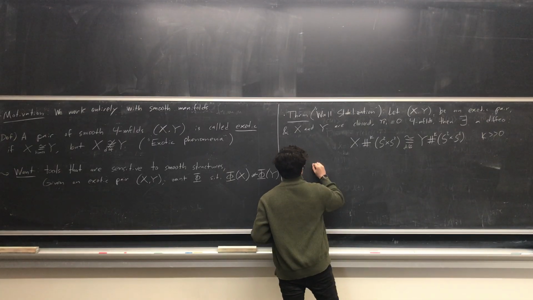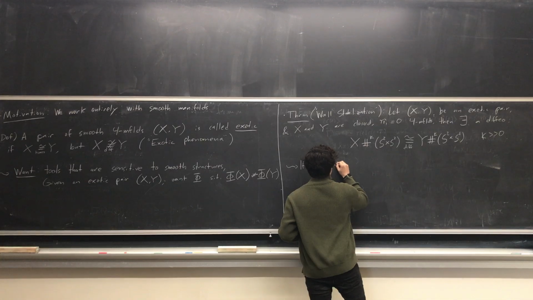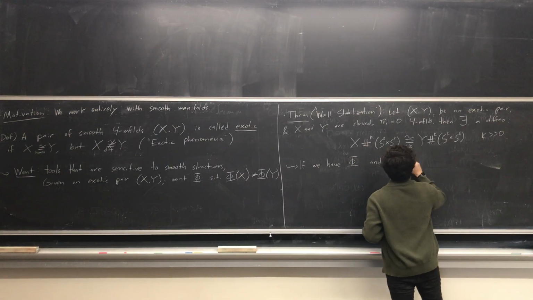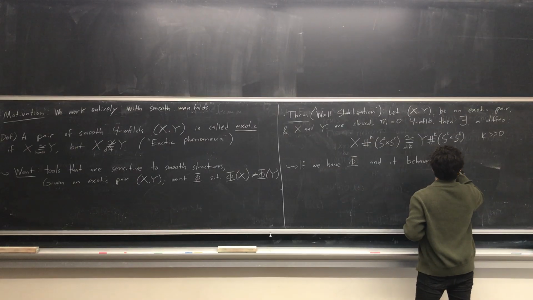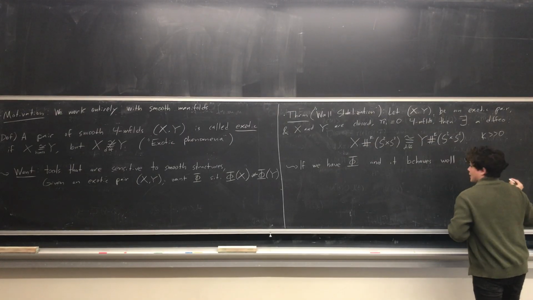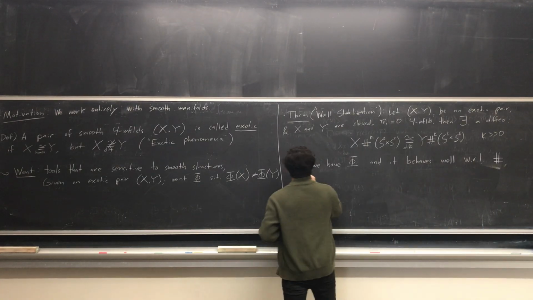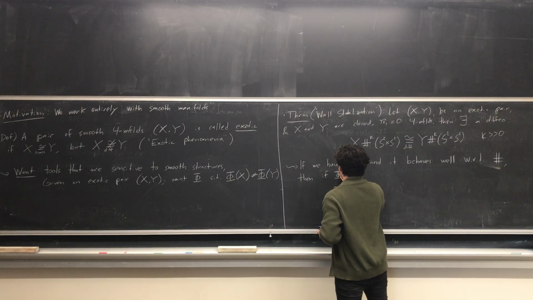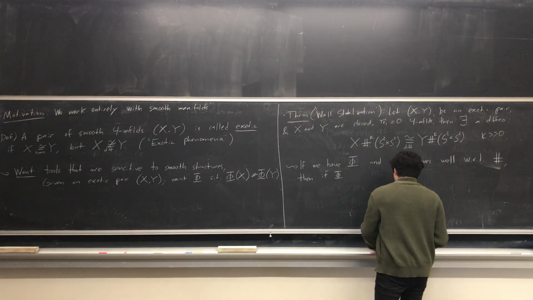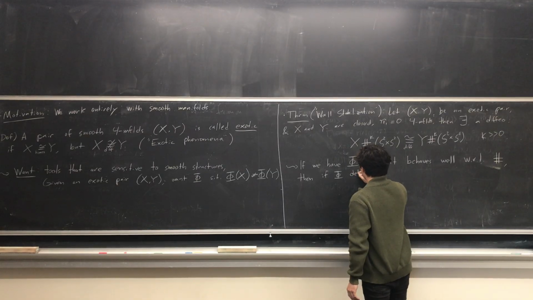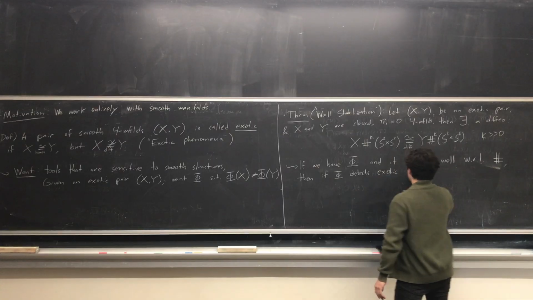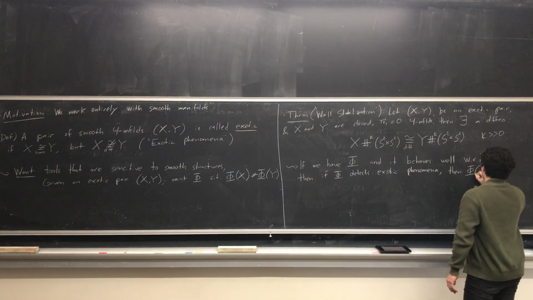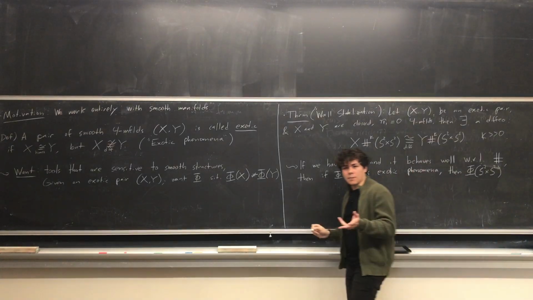Okay, so if we have a tool, a smooth four-manifold invariant, and it behaves well with respect to the connect sum operation, then if phi has any shot at detecting exotic smooth structures, it must be the case that phi of S2 cross S2 is trivial somehow.